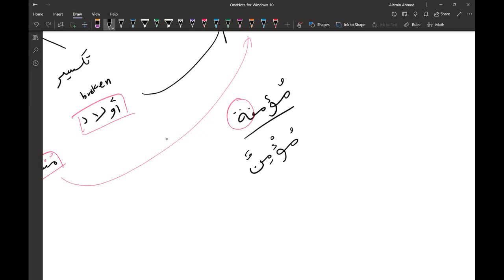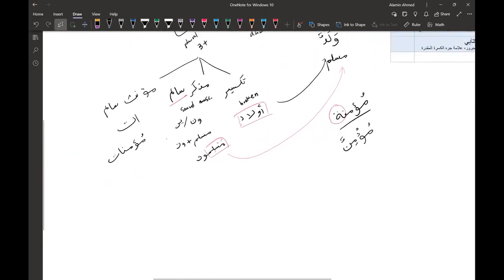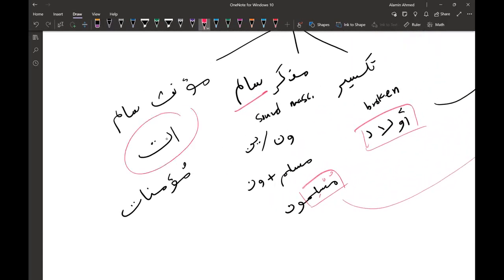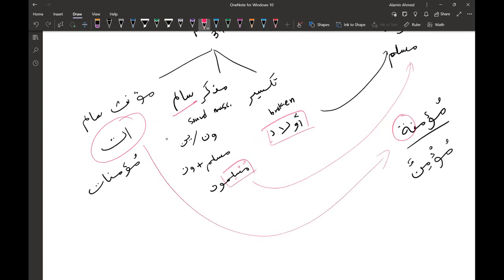We added ta marbuta to make it feminine. Exactly. If we added ta marbuta to make it feminine, and we add alif and ta to make it feminine plural, why would you show something feminine and then add another feminine sign? Now we have two signs of the feminine, and that doesn't make any sense.